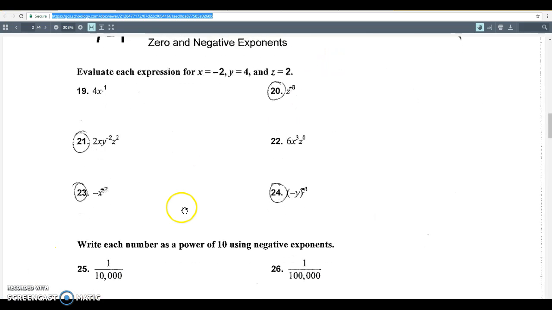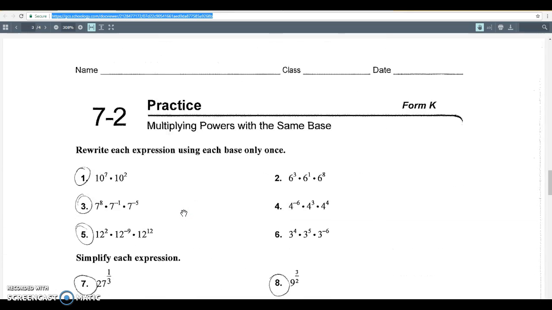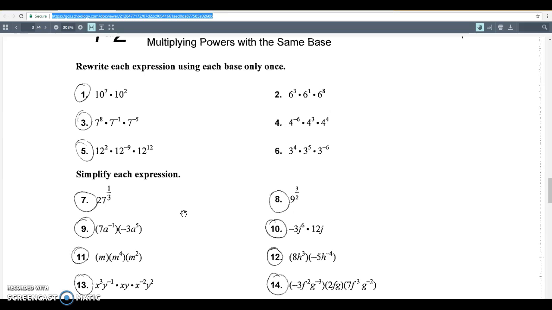All right, won't spend too much time on that. Okay, multiplying powers with the same base, all you're doing is adding the exponents. So 10 to the 7 times 10 to the 2 is 10 to the 9th. You've got 7 to the 8th minus 1 is 7 to the 7th, minus 5, and you end up with 7 squared.